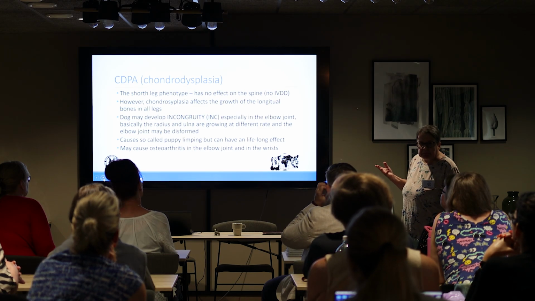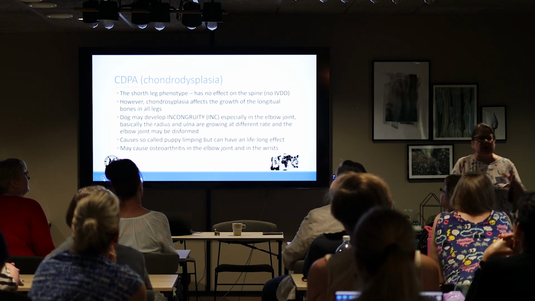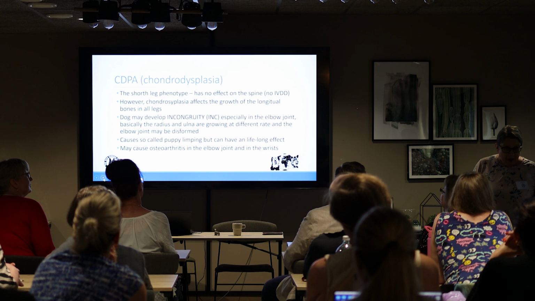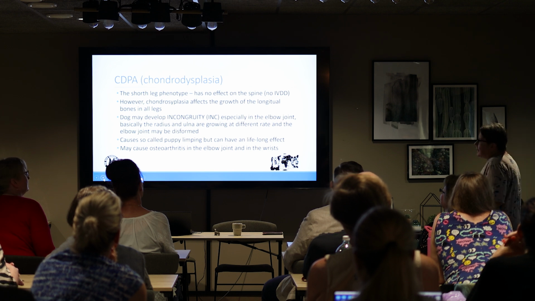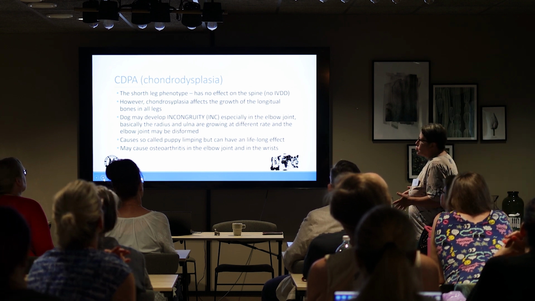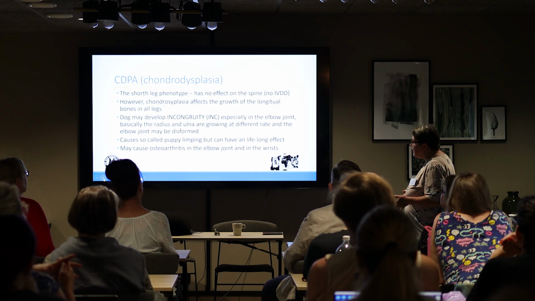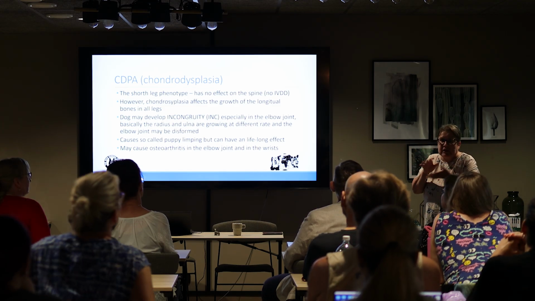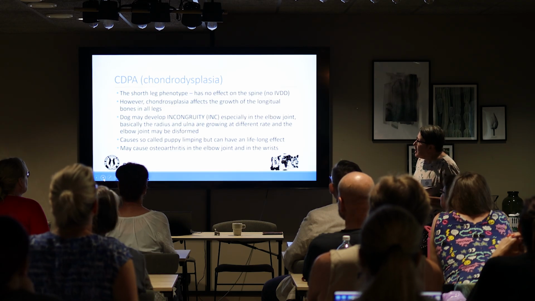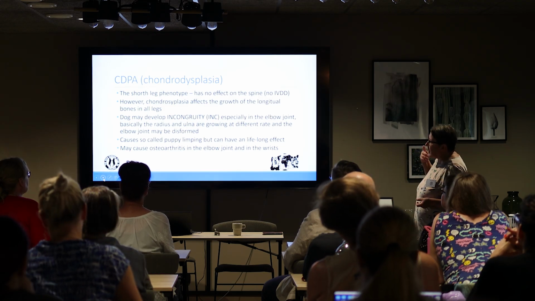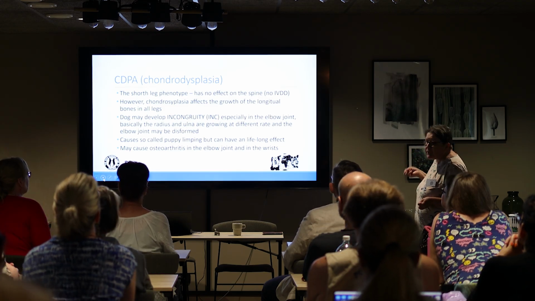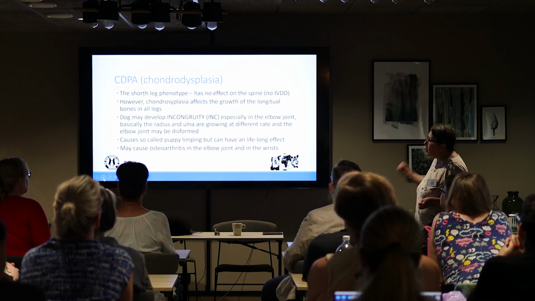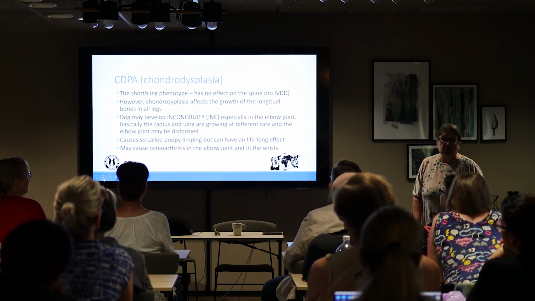Because the bones are not developing normally, it's an abnormality, it can cause so-called incongruity, especially in the elbow joint, so that the elbow joint is not perfect. And this is because basically the radius and ulna are growing at different rates during puppyhood, and then the elbow joint may be malformed.